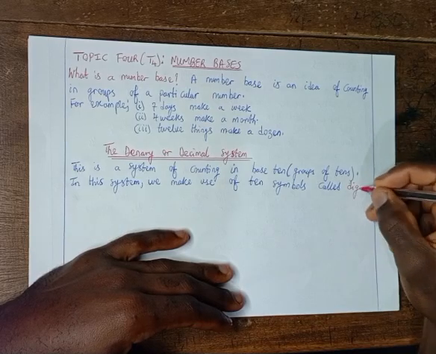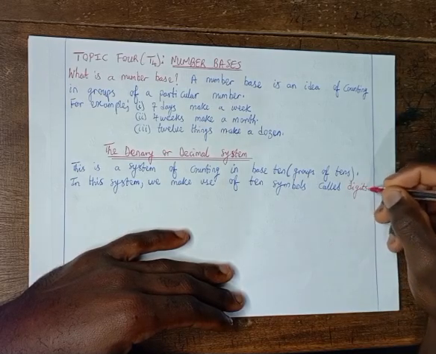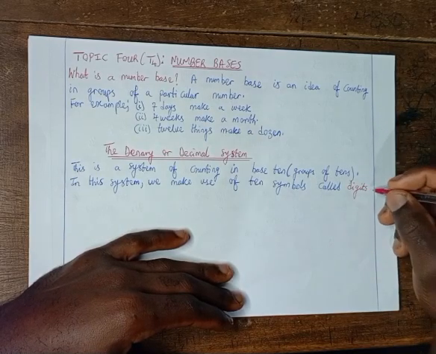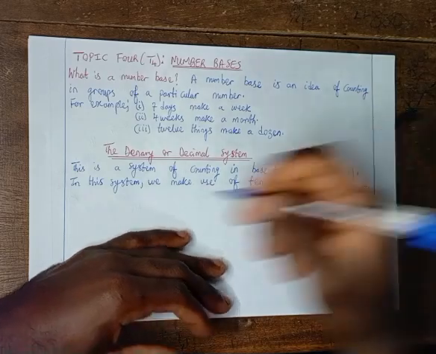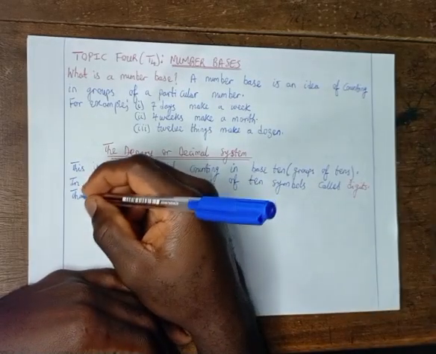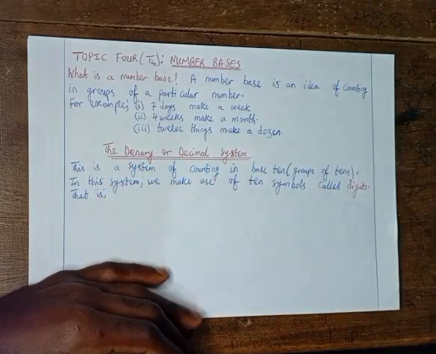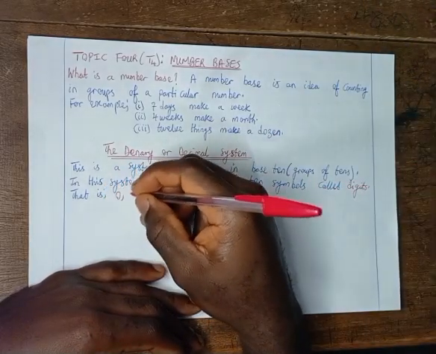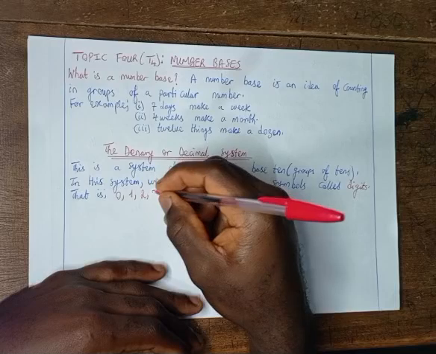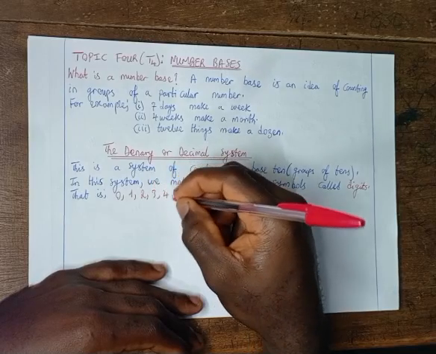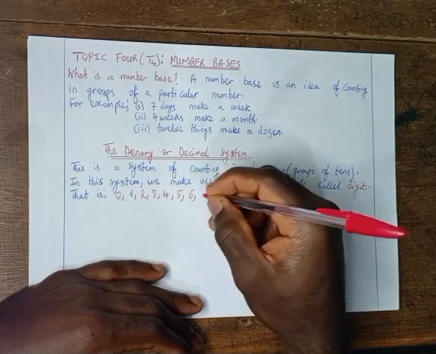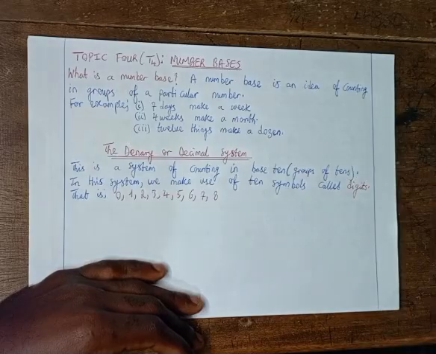We saw this under the Hindu-Arabic numeral system. That is, these are the 10 symbols we make use of. We make use of 0, 1, 2, 3, 4, 5, 6, 7, 8, and lastly 9.